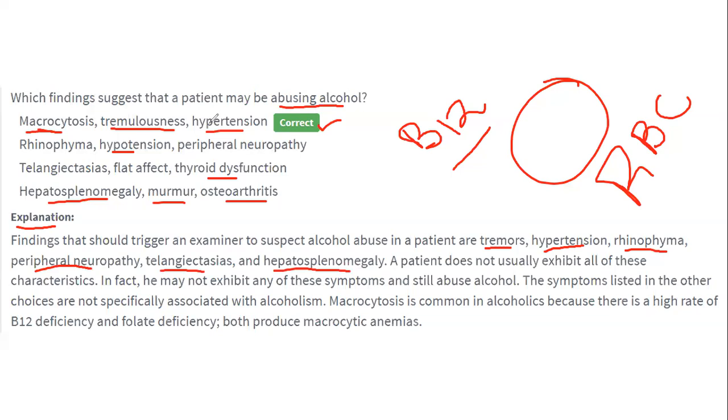All of three can cause it, not only one. Maybe one, the rest of two are not a cause. In fact, he may not exhibit any of these symptoms and still abuse alcohol. The symptoms listed in the other choices are not specially associated with alcoholism. Macrocytosis is common in alcoholics because there is a higher rate of vitamin B12 deficiency or folate deficiency, and both can produce macrocytic anemia.